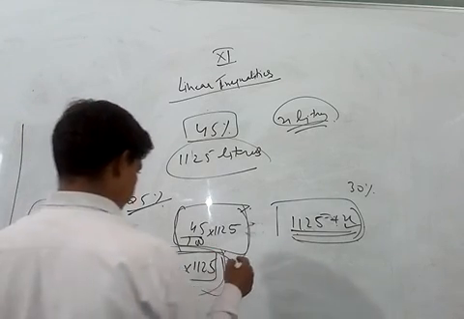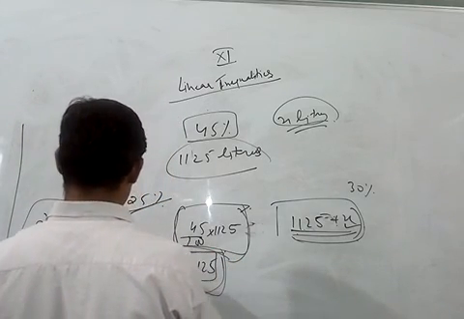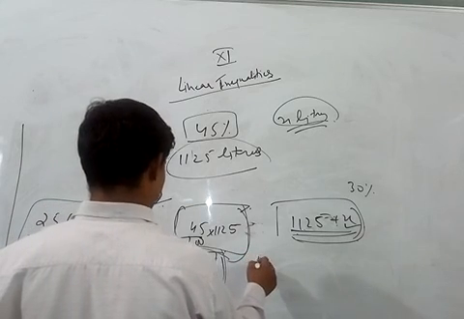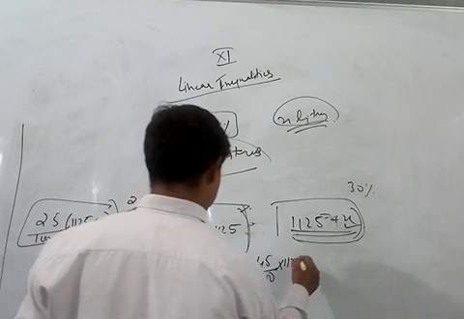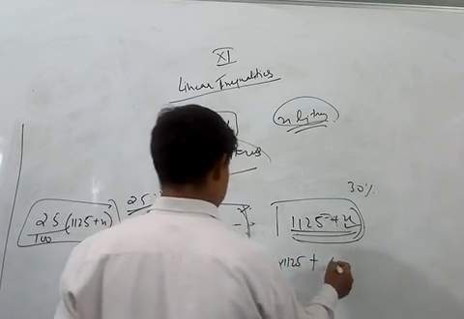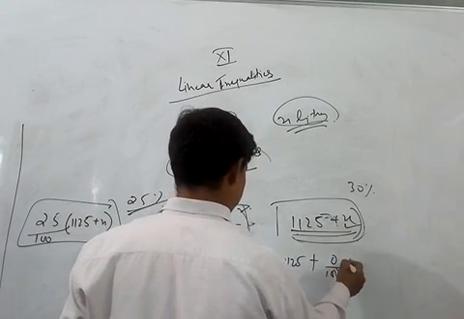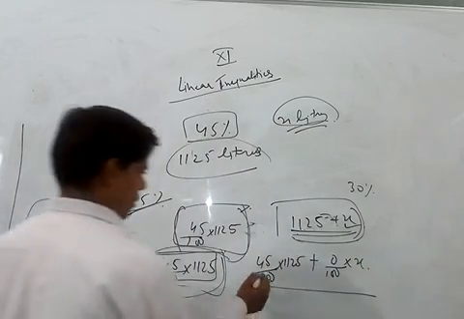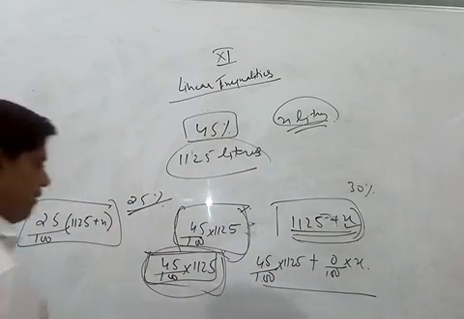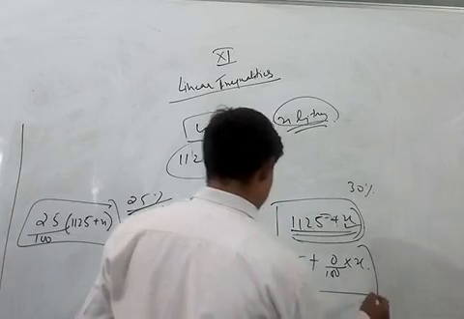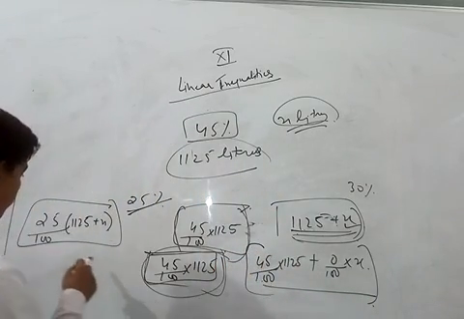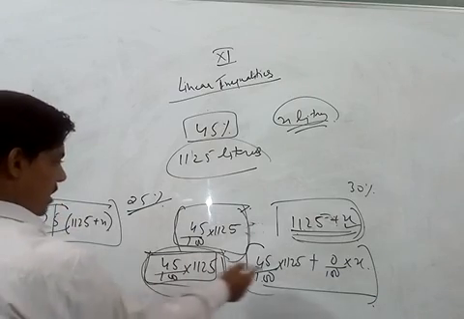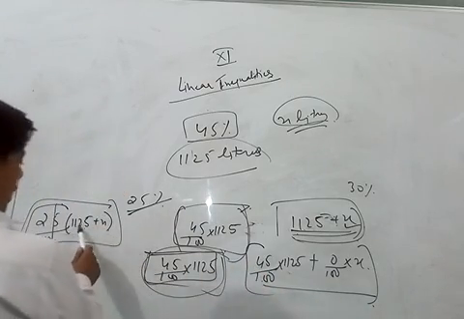And what is the acid content we are having right now? 45 upon 100 into 1125 plus 0 upon 100 into x, that is the total acid content we are having, right? And our 25% is this. So this acid content should be greater than 25%.